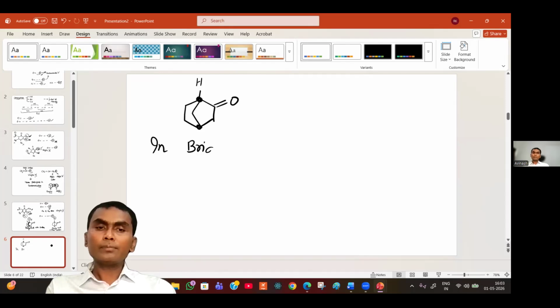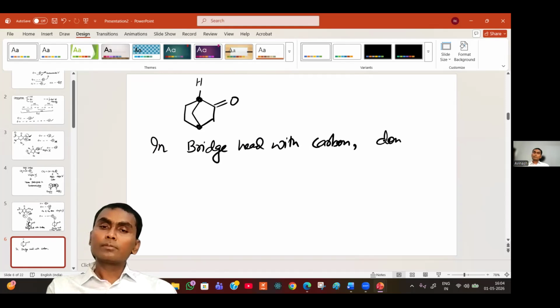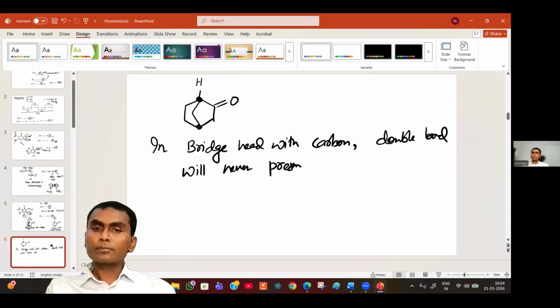In bridgehead with carbon, a double bond is never present on the bridgehead position.